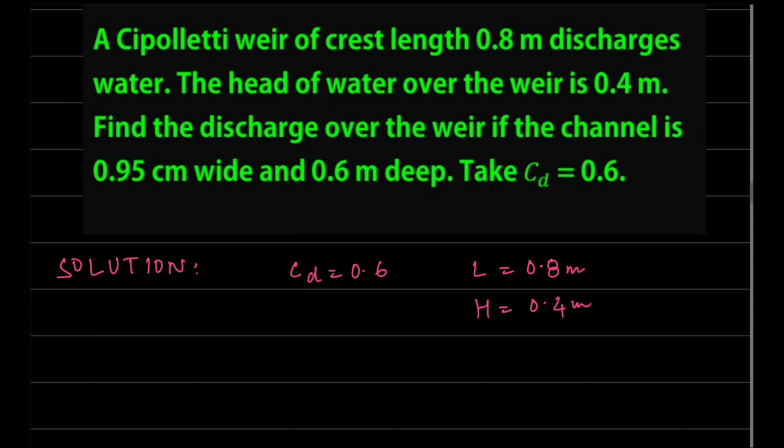Now the channel depth is also given to us, which is 0.6 meter. So channel dimensions: the channel width and depth of flow. So depth is 0.6 meter and channel width is 0.95. Please excuse me, this is not 0.95 centimeter, this is 0.95 meter.